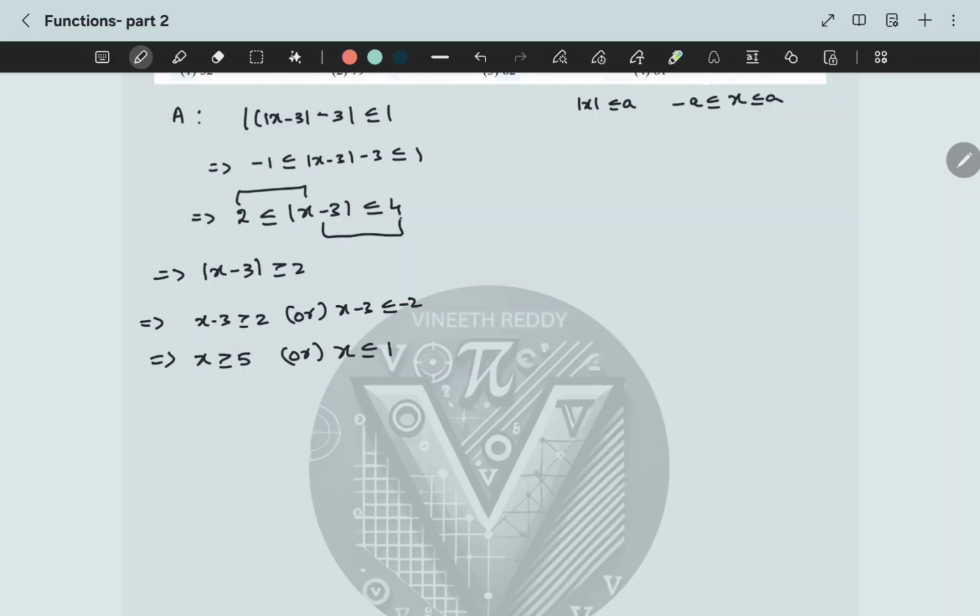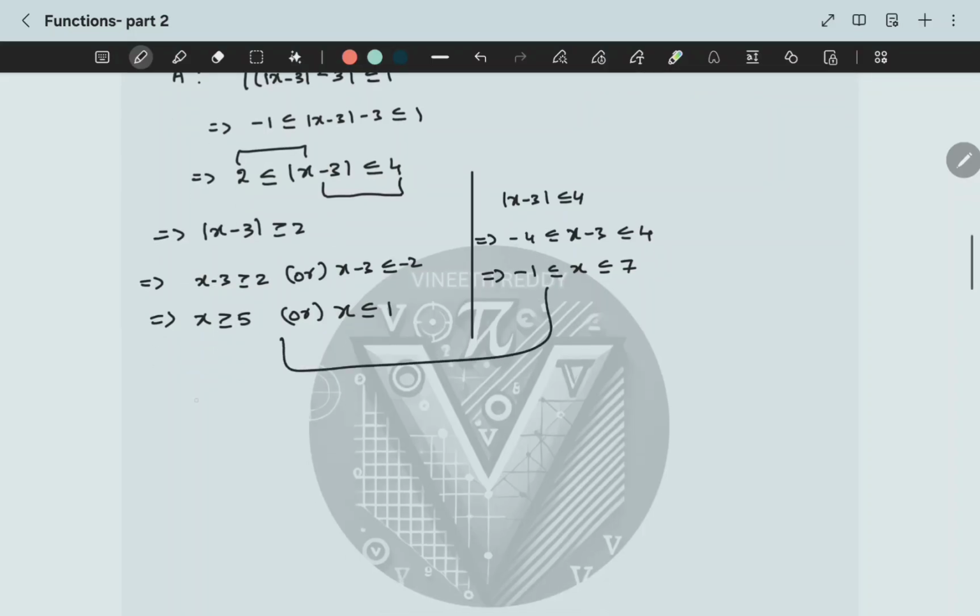Not just this, we have to satisfy this inequality also. So from here we get mod of x minus 3 less than or equal to 4. That means we can say minus 4 less than or equal to x minus 3 less than or equal to 4. So if I add 3 throughout the inequality, we get 3 minus 4 is minus 1, and this should be 7.